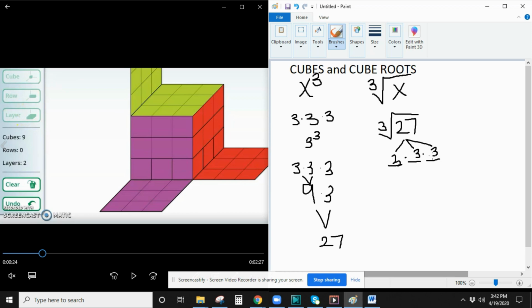So the cube root is equal to 3. If we write this here, we know that 3 cubed is equal to 27, and the cube root of 27 is equal to 3.